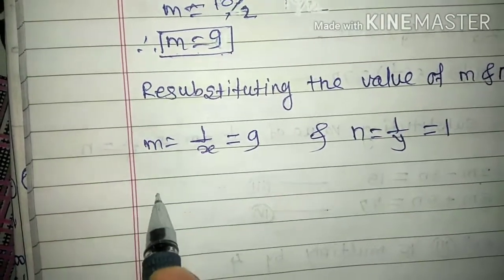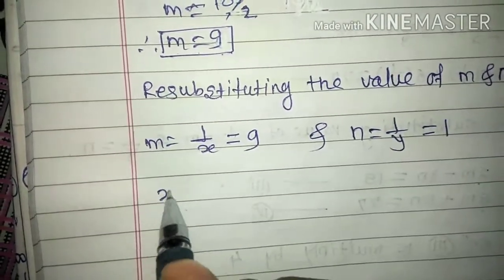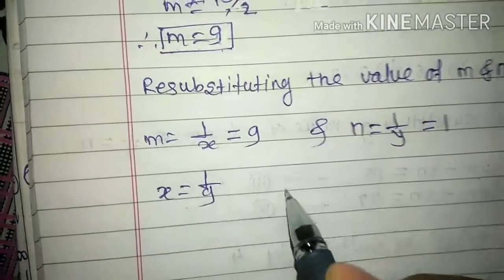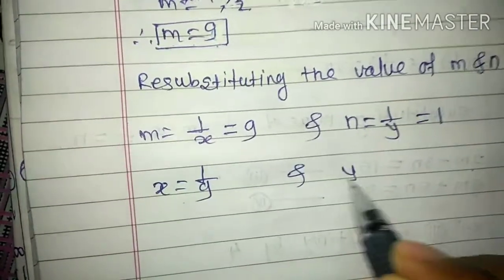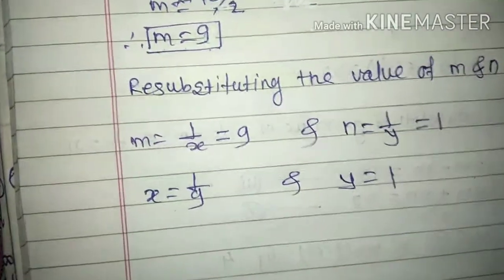Here x is equal to 1 upon 9 and here y is equal to 1.